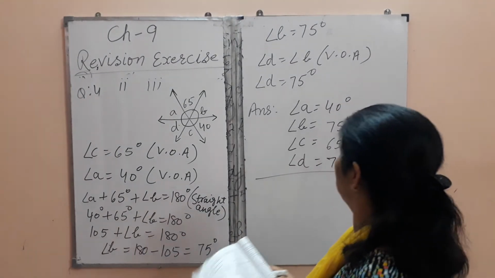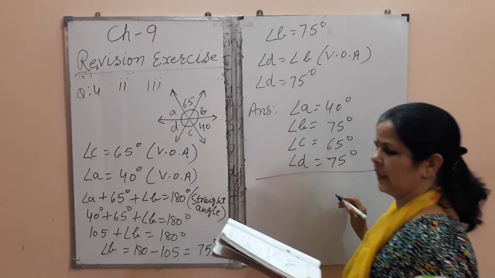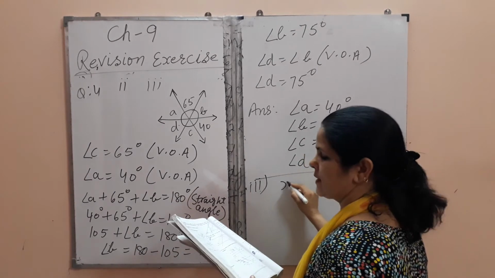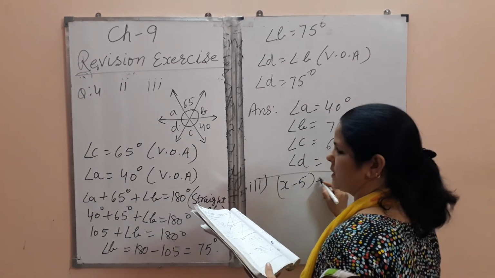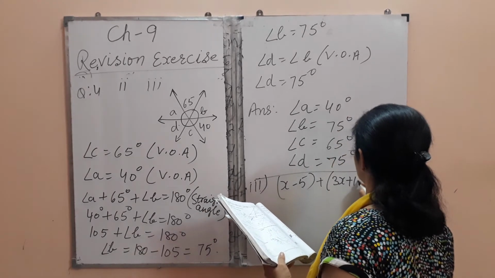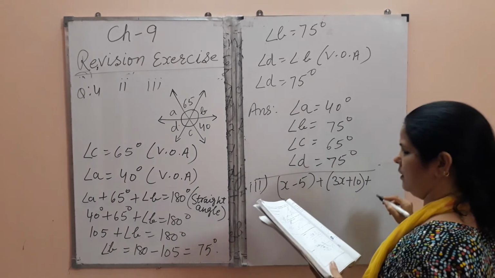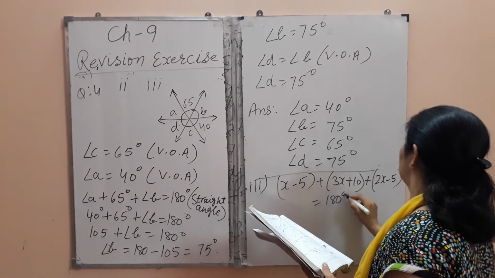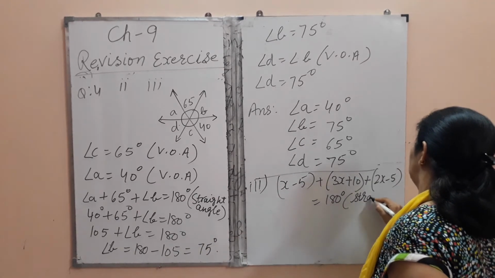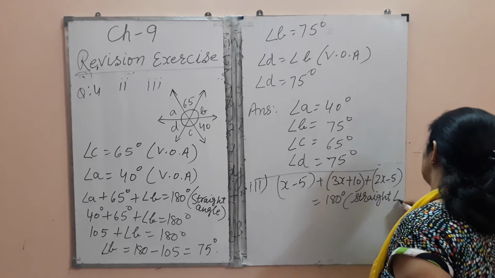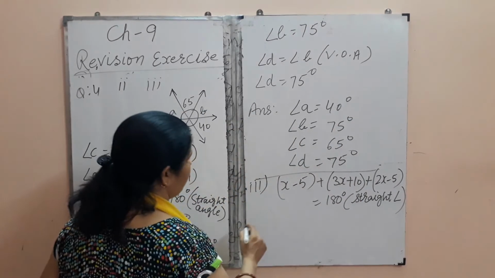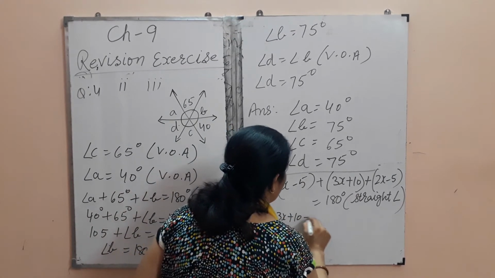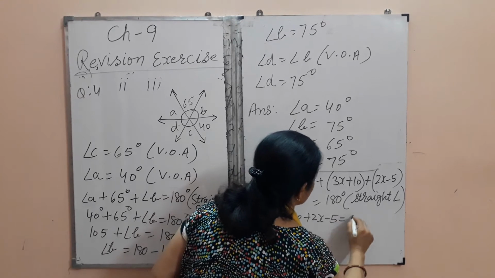In question number 3 also I am not drawing the diagram. Third part: x minus 5 plus 3x plus 10 plus 2x minus 5 equals to 180 degree. Why? Straight angle. Now we will open the brackets. So x minus 5 plus 3x plus 10 plus 2x minus 5 equals to 180 degree.